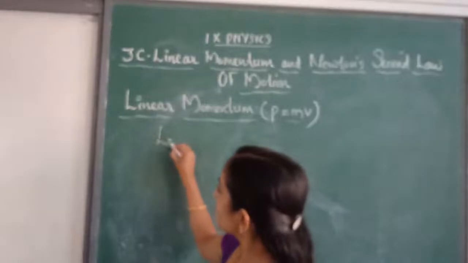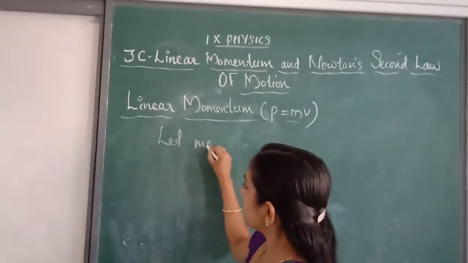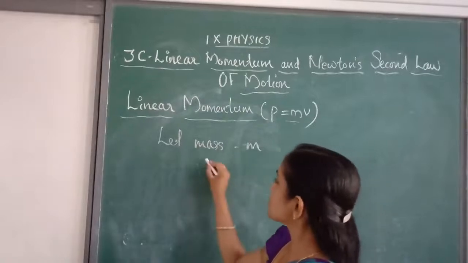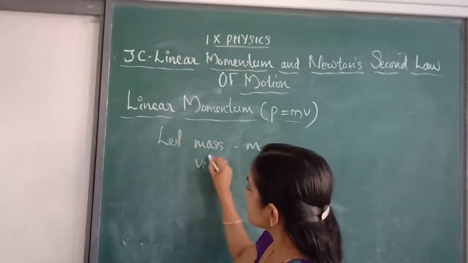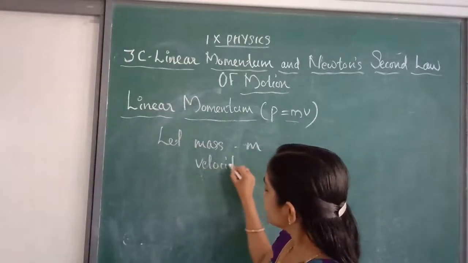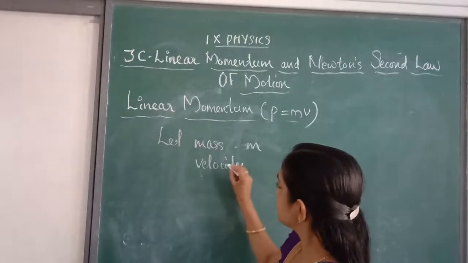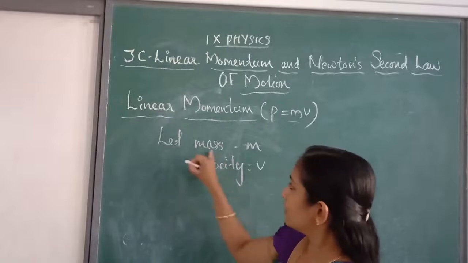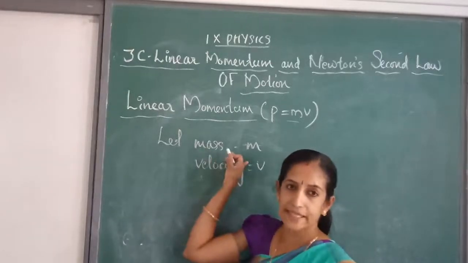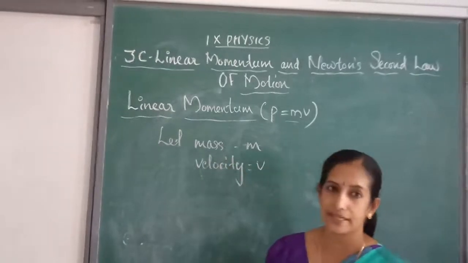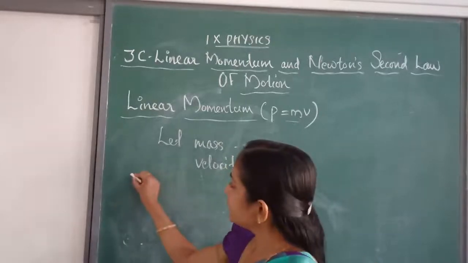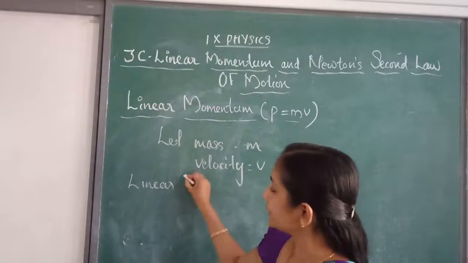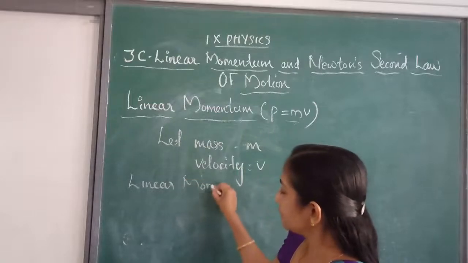Let mass be m and velocity be v. Mass is denoted by the letter m and velocity is denoted by the letter v. And linear momentum we can denote with the letter p.